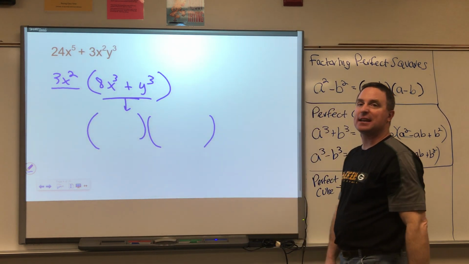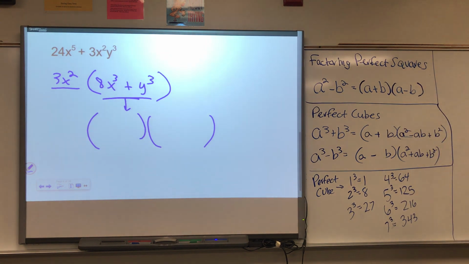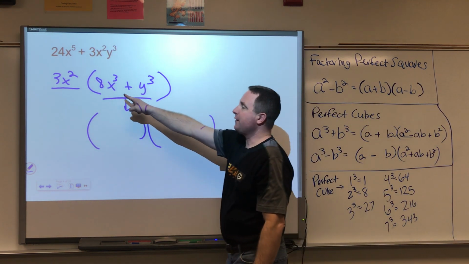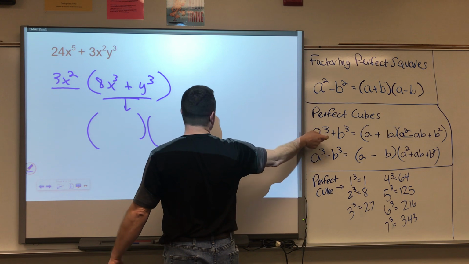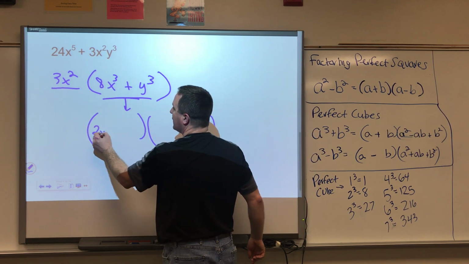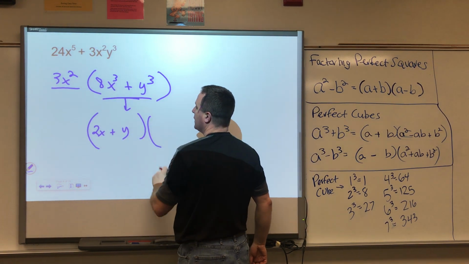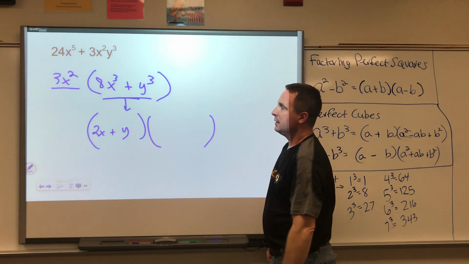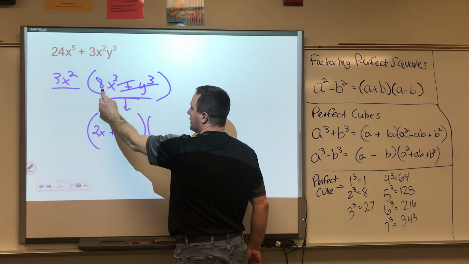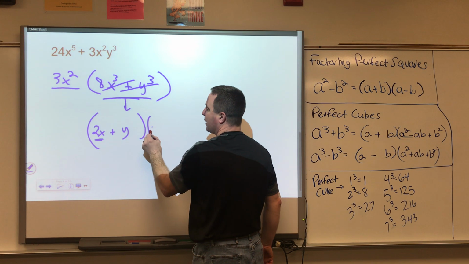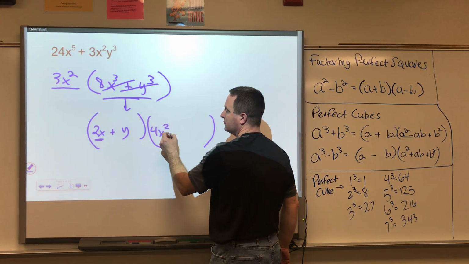We're seeing a lot of repeat numbers, repeat expressions. The cube root of 8, if I do my cube root pattern, I'm going to use the top one here. The cube root of 8 is 2x plus y. I'm done with this. I'm going to square that to get 4x squared.